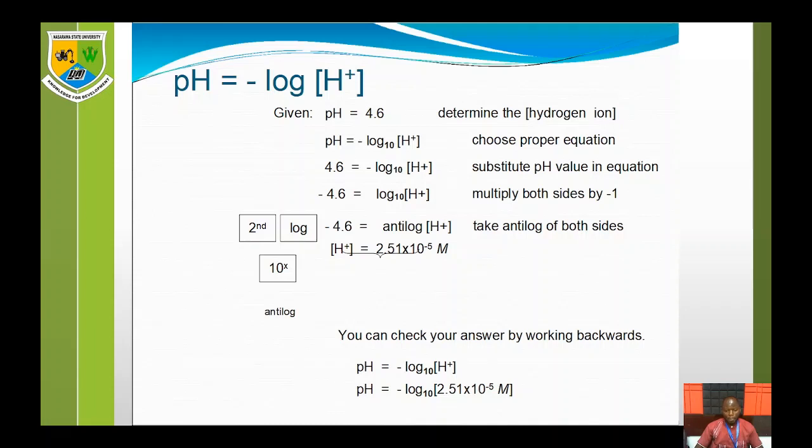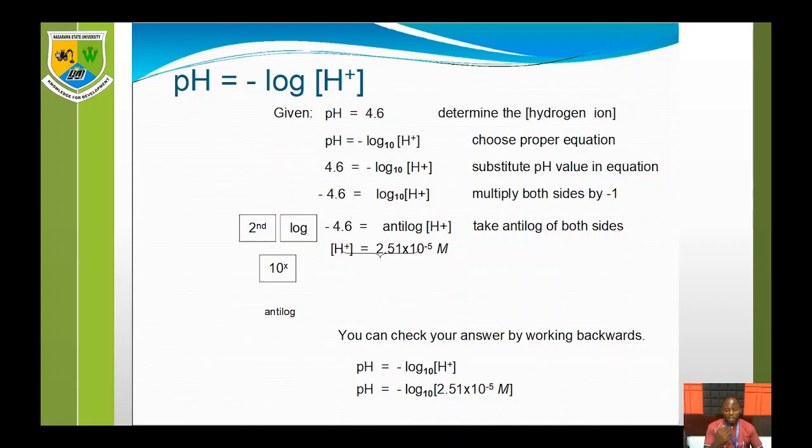The next thing is to take the antilog of both sides. To take the antilog using your calculator, you press second function, then you press log. So the antilog of -4.6 is going to give you 2.51 times 10 to the power of -5 molar.